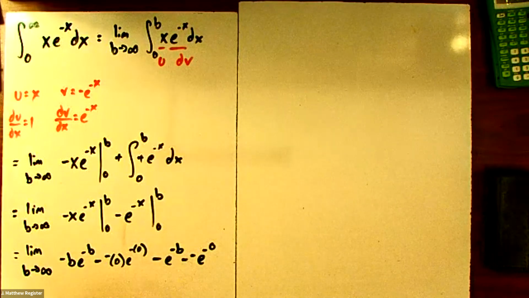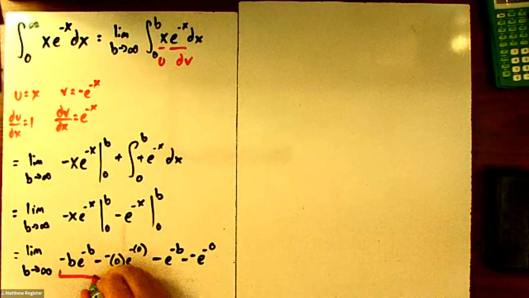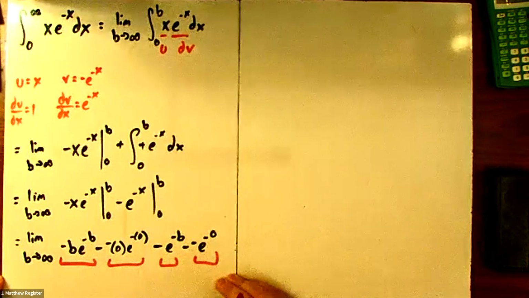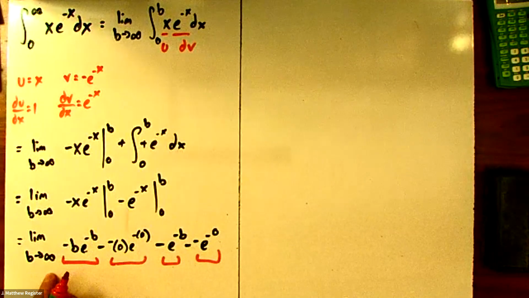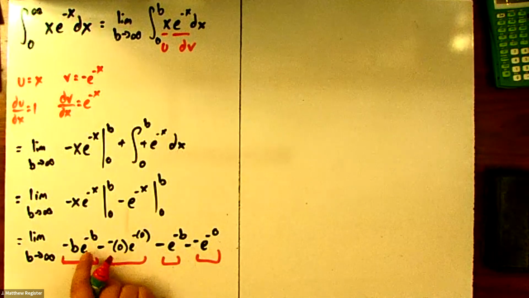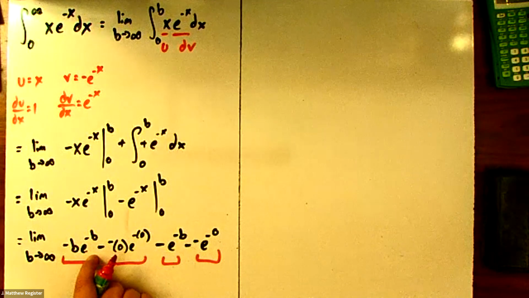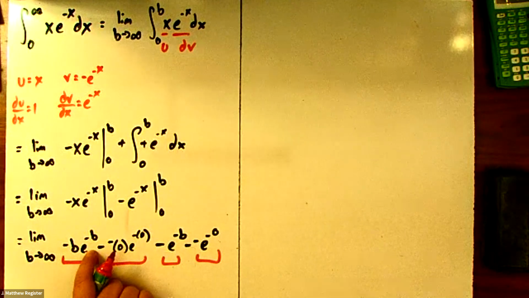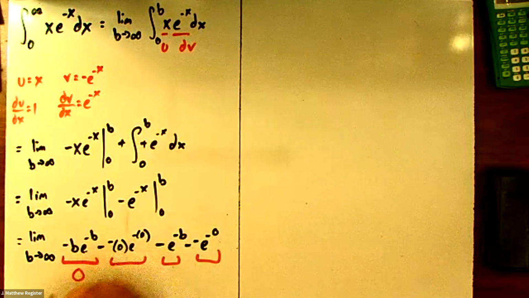And so we have 4 terms and we have 4 limits. Our first one, negative b e to the negative b as b goes to infinity. Well, as b goes to infinity, it's going to become infinity times 0. And this e to the negative b is going to go so much faster than this one, so this term is going to go to 0.